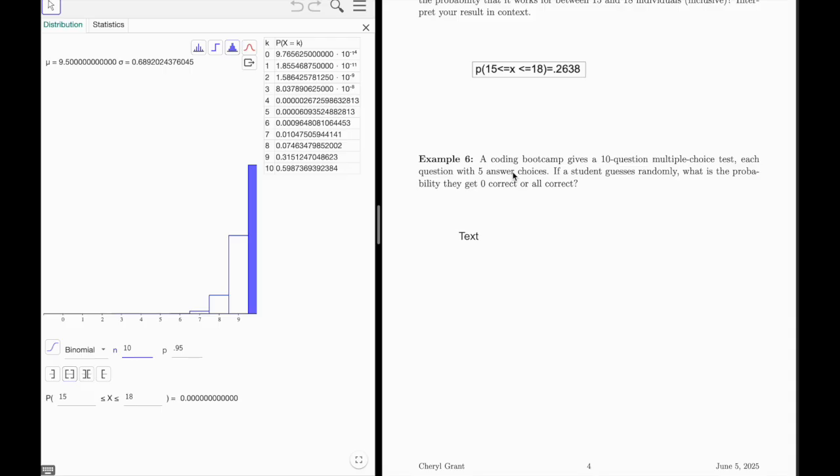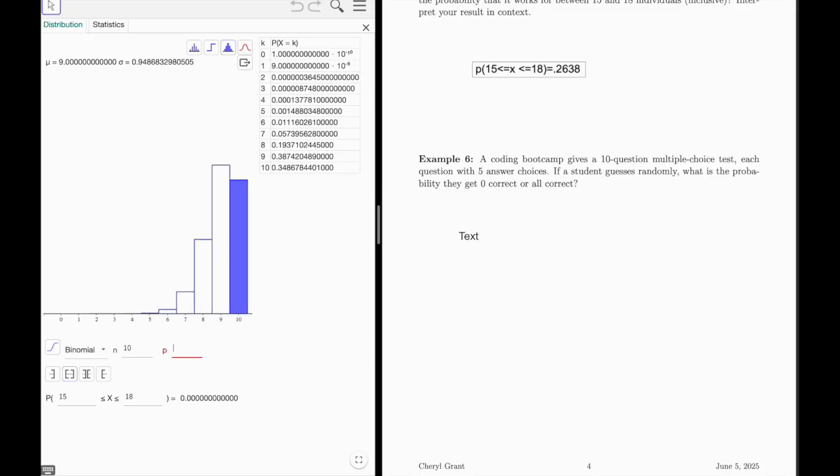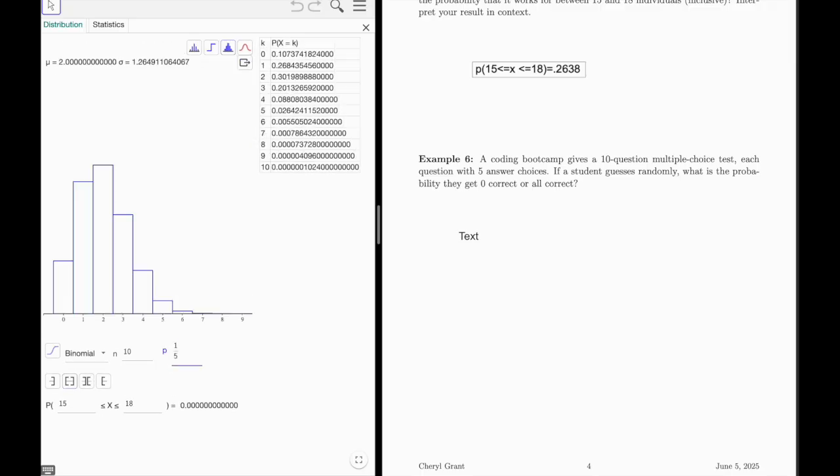We're not given the probability of success here, but we can figure it out. There are 5 answer choices, so the probability that they pick the correct choice is 1 out of 5. So you can put that in here. You can actually directly put it in as 1 out of 5, and it will calculate it as a decimal for you.